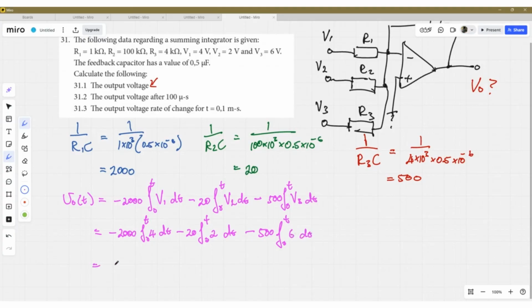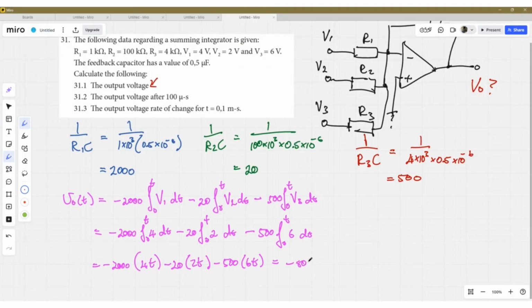Right, so that is then minus 2000 multiplied by 4t, minus 20 times 2t, minus 500 times 6t. So 2000 times 4, is it 8000?